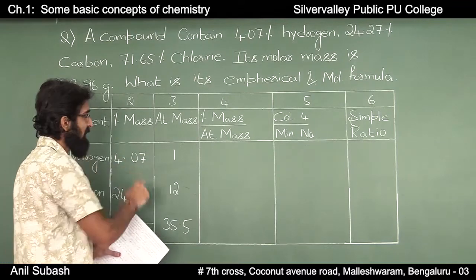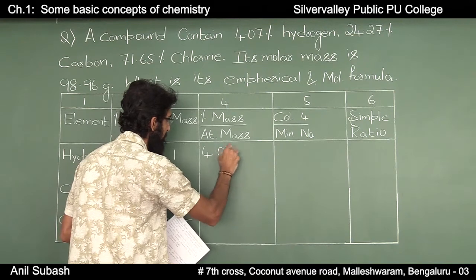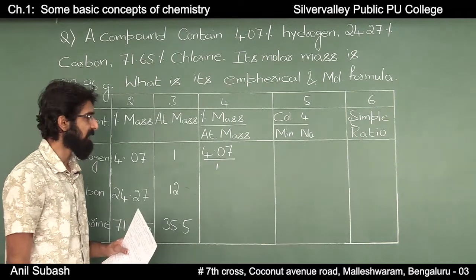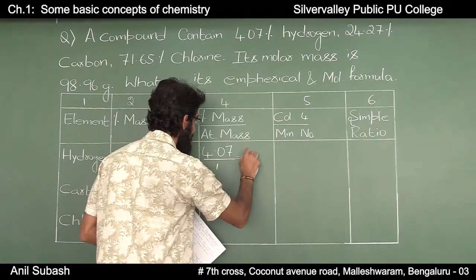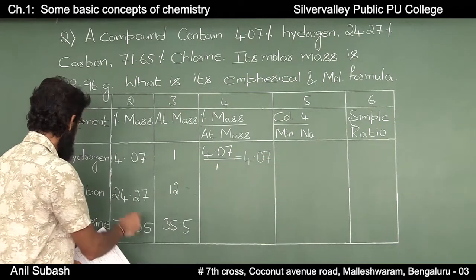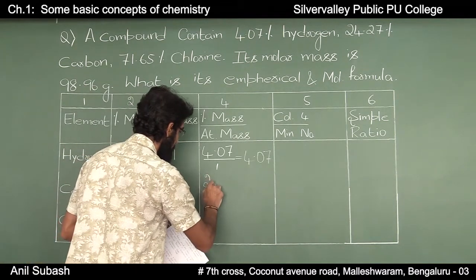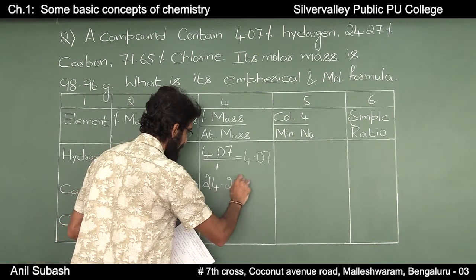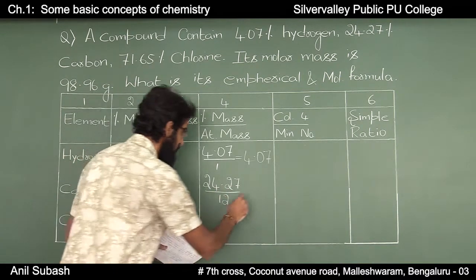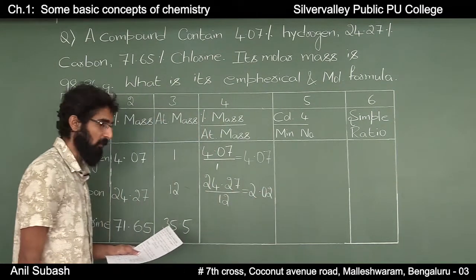The percentage mass of hydrogen is 4.07 divided by the atomic mass of hydrogen, that is 1, and that comes out to be 4.07, and percentage mass of carbon is 24.27, atomic mass of carbon is 12 and that comes out to be 2.02.